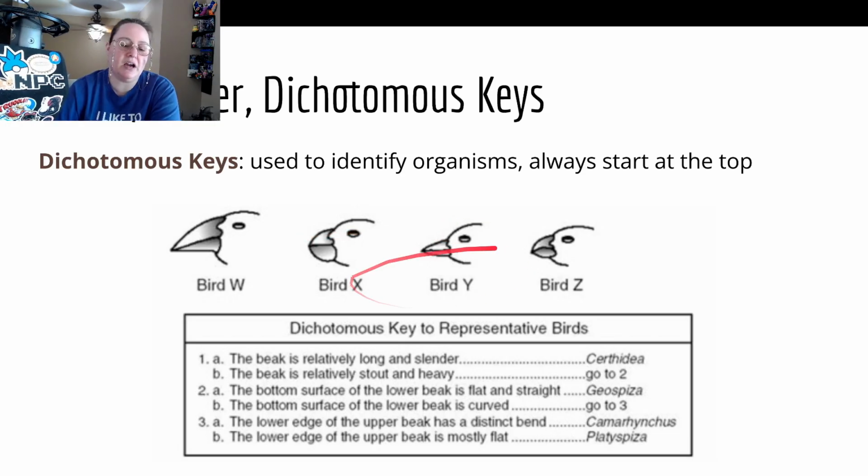So we've got to figure out who's who. Like I said, this is a bare bones basic example just to get you used to how it works. It doesn't matter what bird you start with, so let's start with bird W. No matter what you start with, you always go back to number 1. It doesn't matter until you know your dichotomous key like the back of your hand.